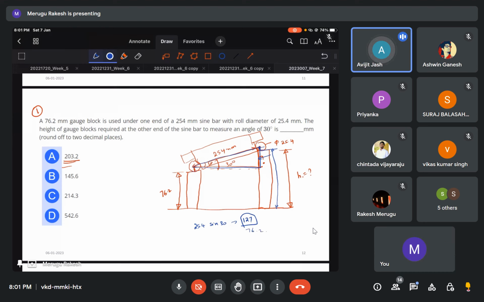Sir, one thing I have to ask: why are you calculating 254 sine 30 degrees? In order to get this height. Sir, can we get this automatically? (H1 minus H2) by L equals sine 30.